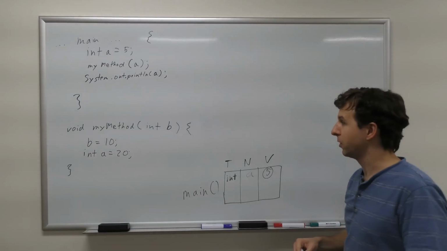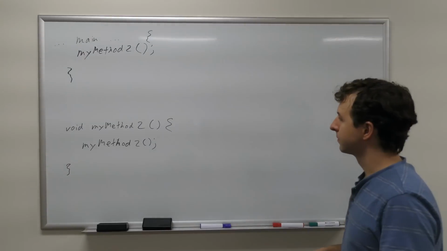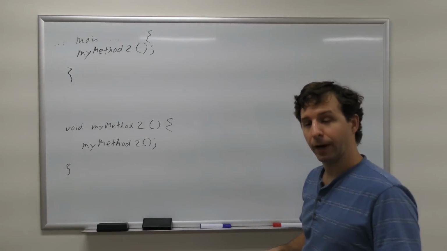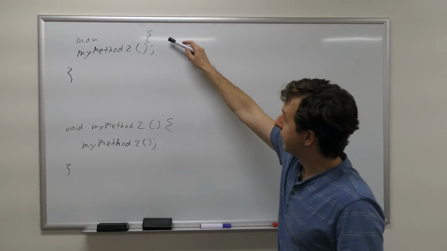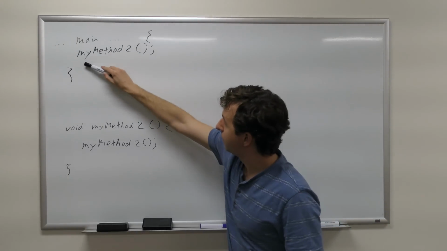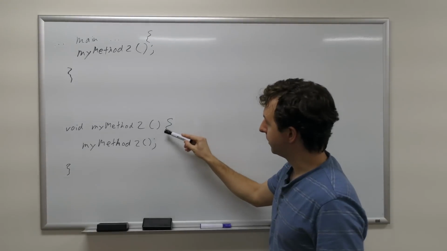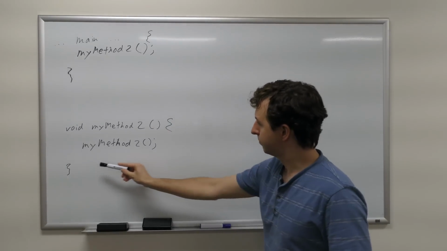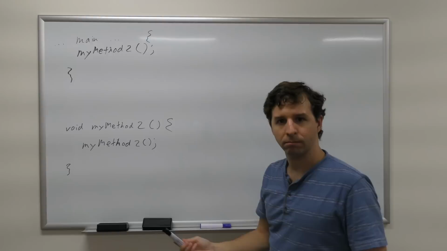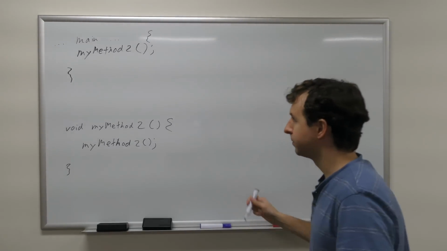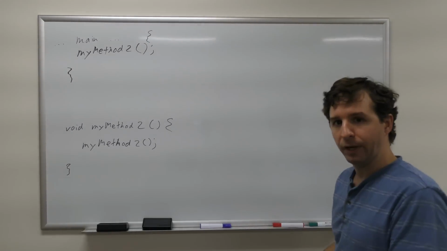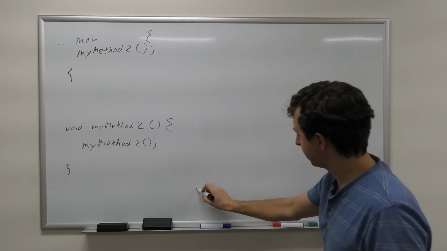Okay, let's take a more complicated example. Okay, new program here. Main method, all it does is call my method 2. Here's my method 2, and all it does is call my method 2. What happens? Well, we have to figure out what the stack is doing.